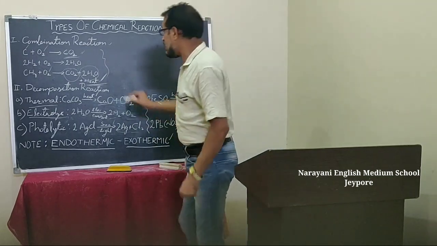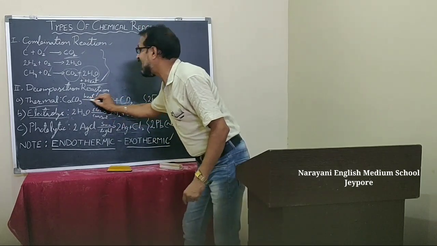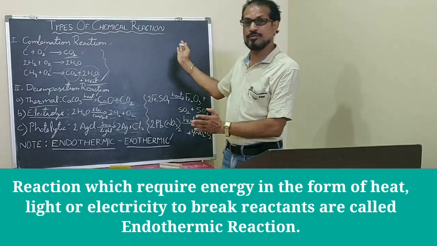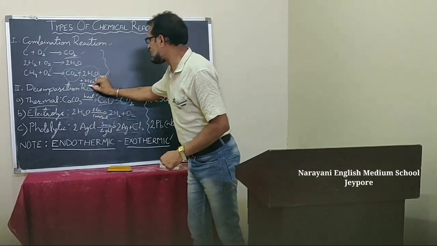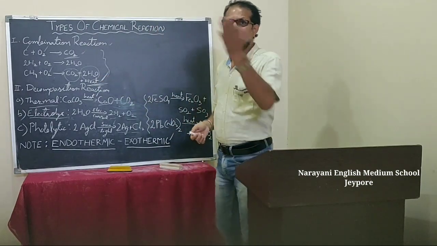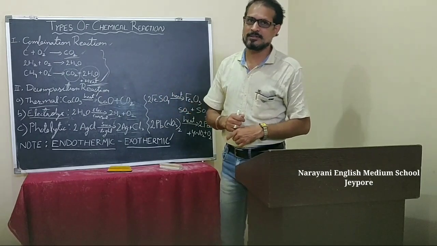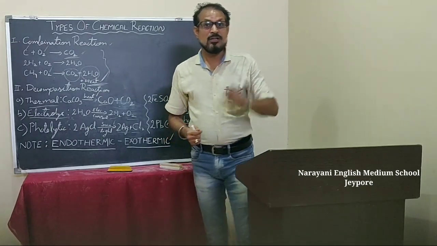Now again, here we had exothermic reaction, and here endothermic reaction. In the exothermic process, heat evolved from the reaction, whereas here, heat is required in the reaction. So, two more definitions: endothermic and exothermic.